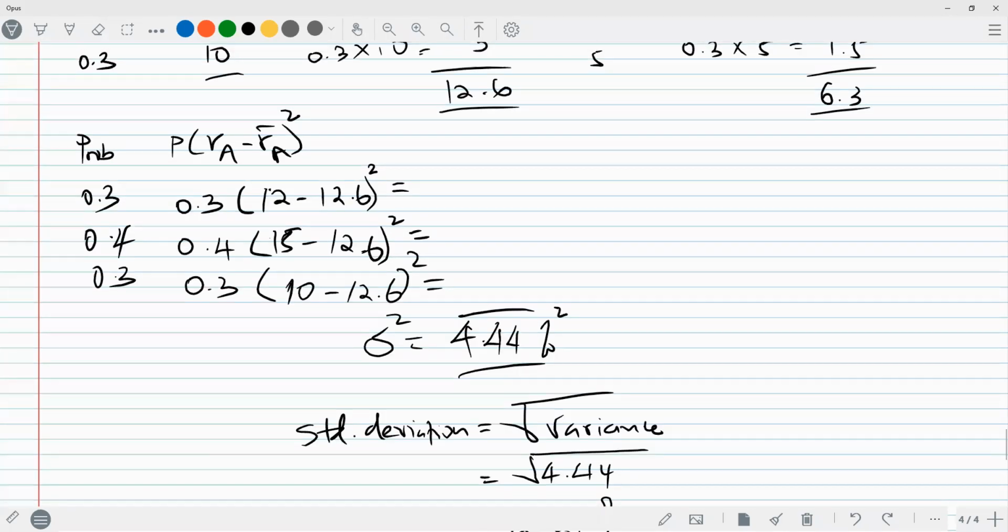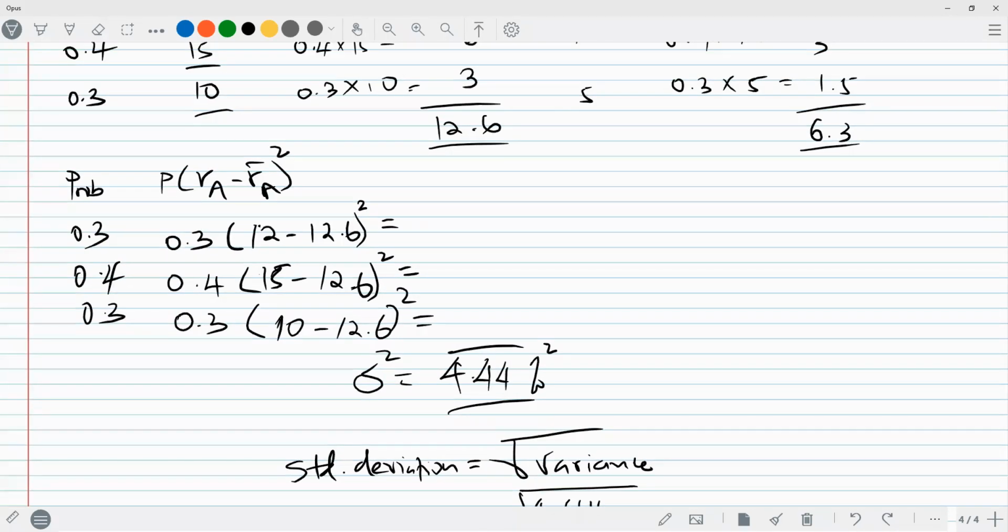For B, the same process, but you do it for B now. Okay, for B, we've done the same process. Variance, 1.11.